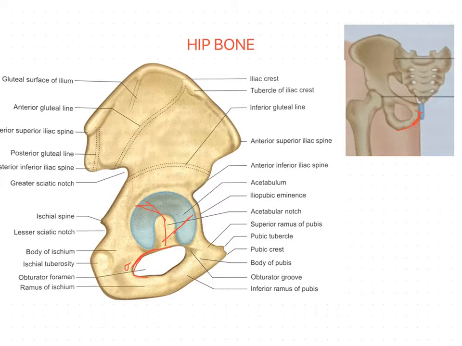Next, the posterior border is continuous above with the posterior border of the ilium. Below, it ends at the lower end, where it forms the ischial tuberosity.